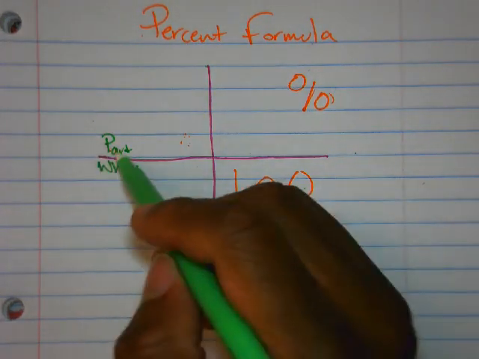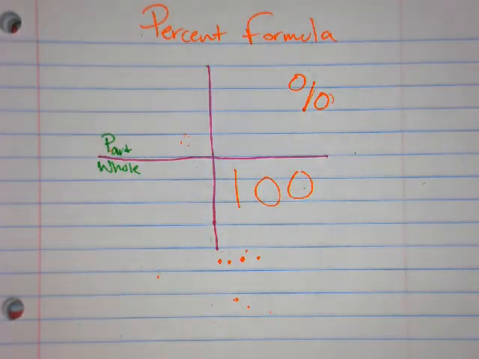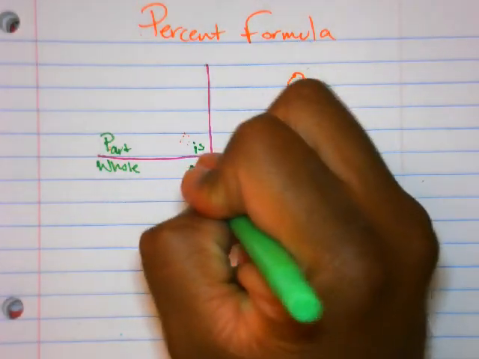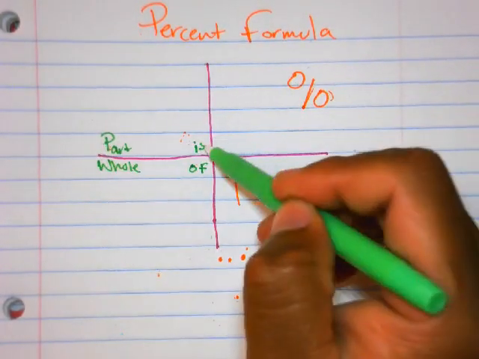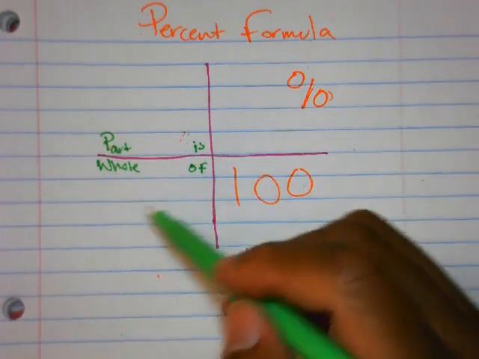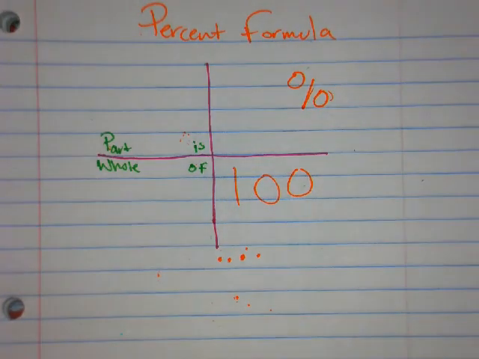So the part is on the numerator, the whole the denominator. We have is and of. So the part is some percentage of this whole number. Make sure you wrote that down. We're gonna have some examples of this in just a second.